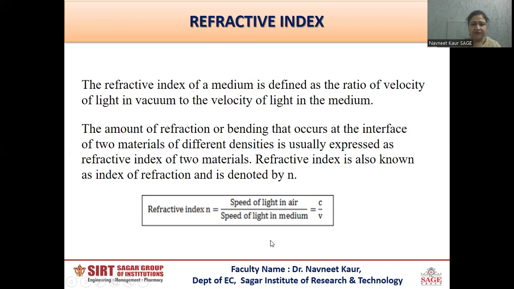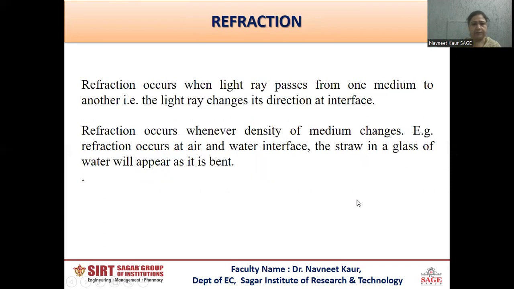The amount of refraction or bending that occurs at the interface of two materials of different refractive indexes is usually expressed as the ratio of the refractive indices. Refractive index is also known as index of refraction, and it is generally denoted by N. Refraction occurs when the light ray passes from one medium to another.